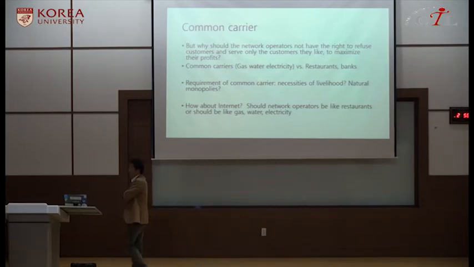Now, restaurants are not common carriers. Banks are not common carriers. Schools are not common carriers. They can pick and choose their students. They reserve their right to refuse to provide their educational services to all people.